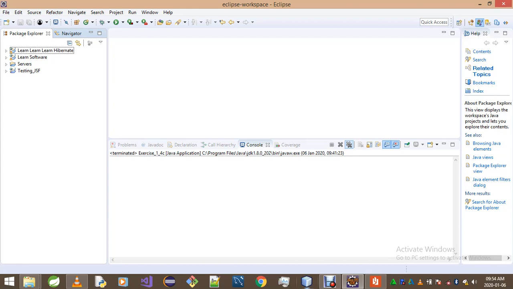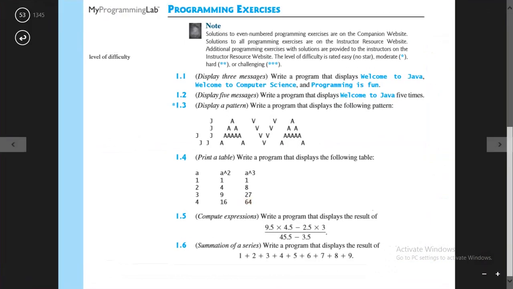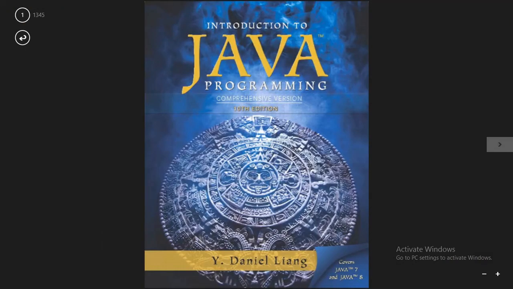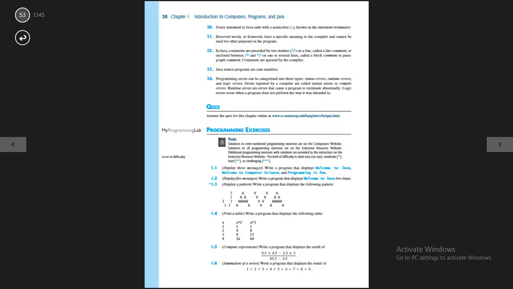So today, what you're gonna be working on is exercise 1.5 from this textbook right here. This is the textbook we're gonna be using. I'll also leave a link to this PDF in case you wanna have one.